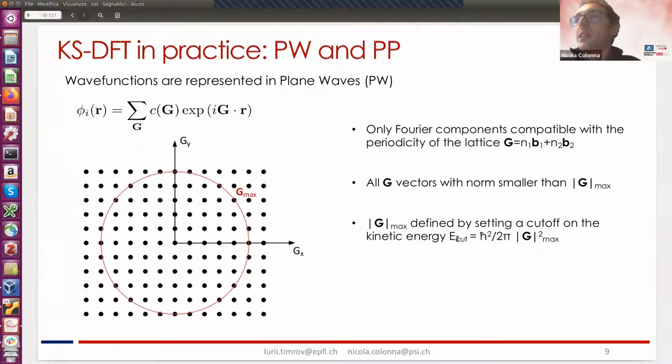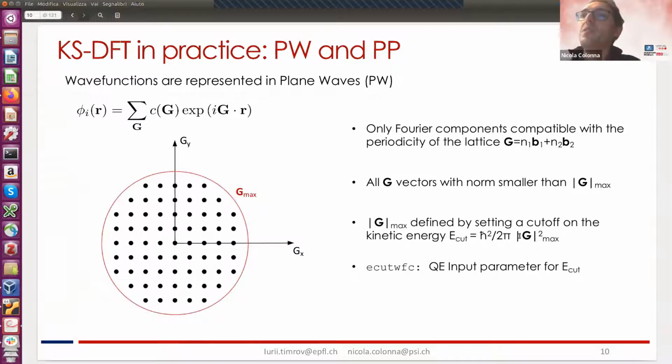Essentially, the kinetic energy cutoff is simply related to the modulus of this G max. And in Quantum Espresso, you specify this value, ecutwfc, that is an input parameter. And this really specifies the number of G vectors you want to include in your calculation. Of course, this is a convergence parameter. You need to increase it until you converge the property of interest, and we'll see how to do that.